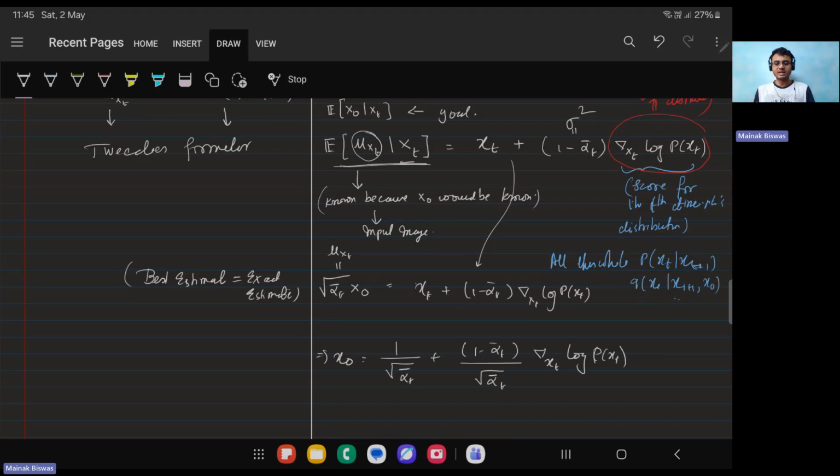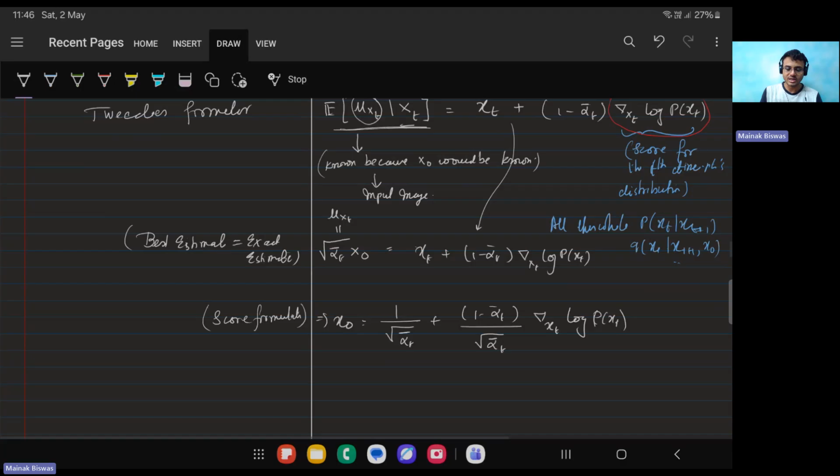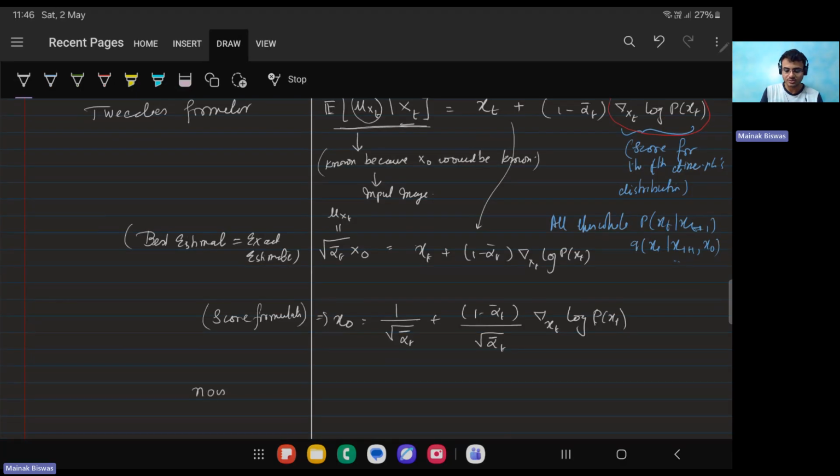This is one of the equations that I'll get. This is from the score formulation. Similarly, the noise formulation would also give me another equation. This is equation 1.